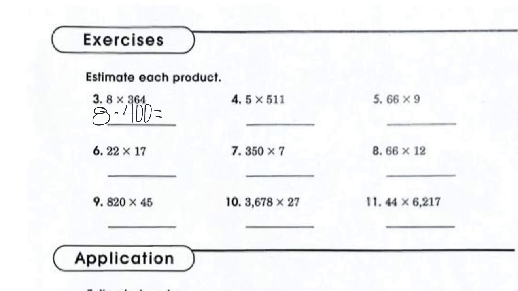Now, I know that 8 times 4 is 32, and then I'm going to add the 2 zeros. So my estimation is 3,200. So you're going to write down the numbers you're estimating and then give me an answer on problems 3 through 11. Go ahead and pause the video and finish problems 3 through 11 before going on to the application.